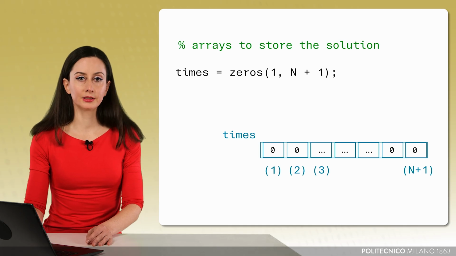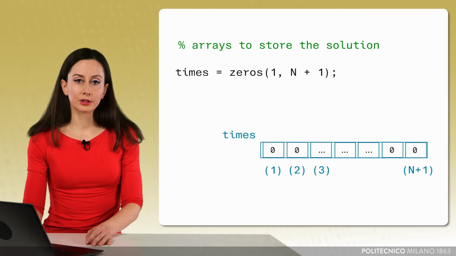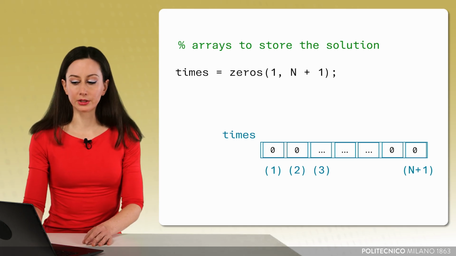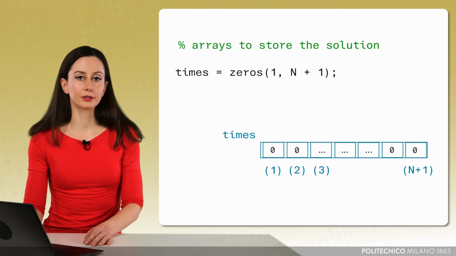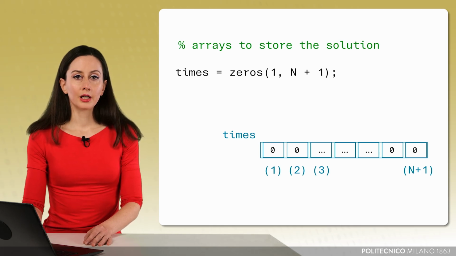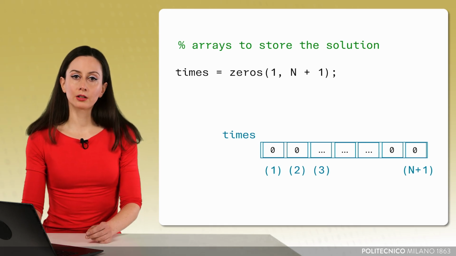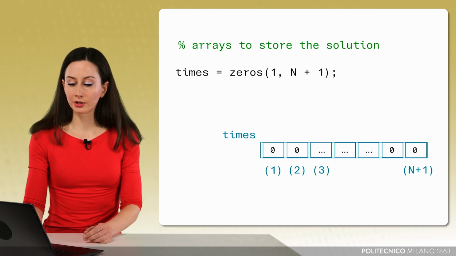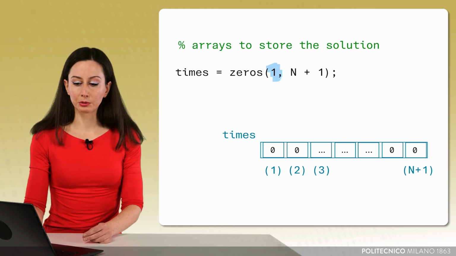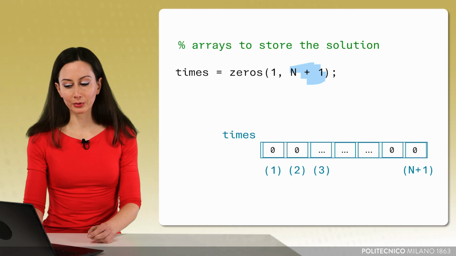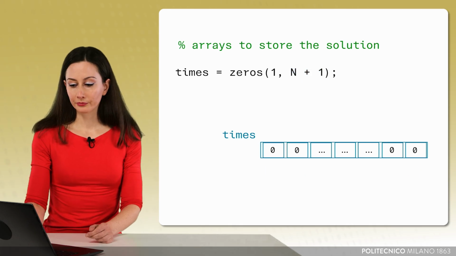This syntax, zeros, is one of the ways to create an array of zeros, for instance, to store the simulation times. And notice that in MATLAB, arrays are always multidimensional, so we need to specify that we want one row and n+1 columns.